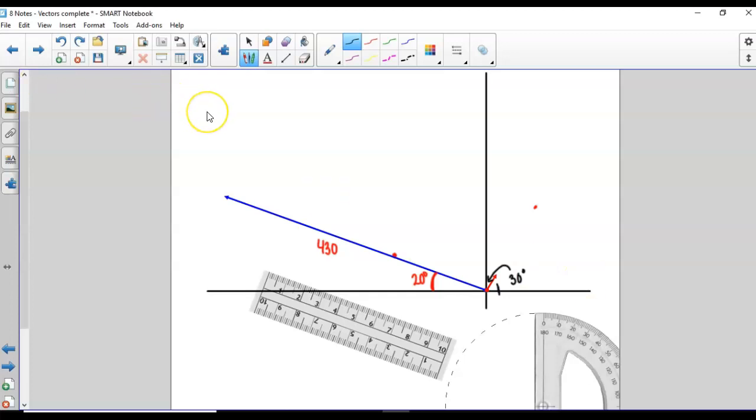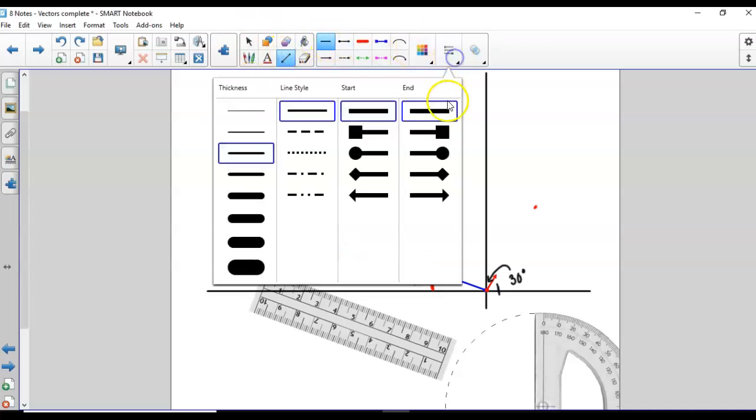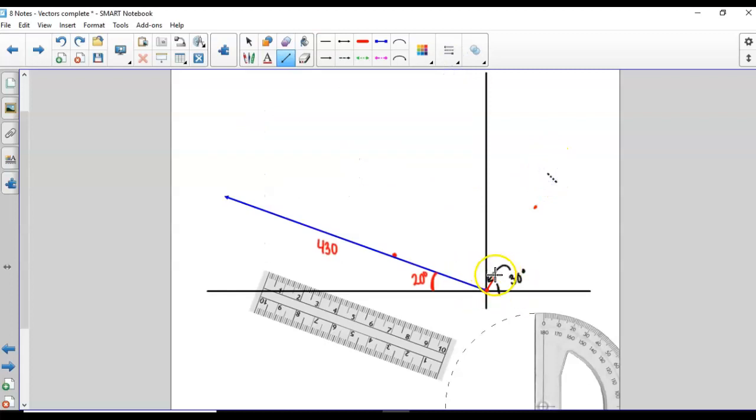Questions so far? Alright, now we need to make a parallelogram. So you're just going to take your ruler, and you can go from the end of this little vector right here, and just make yourself a line that's parallel to that blue line.